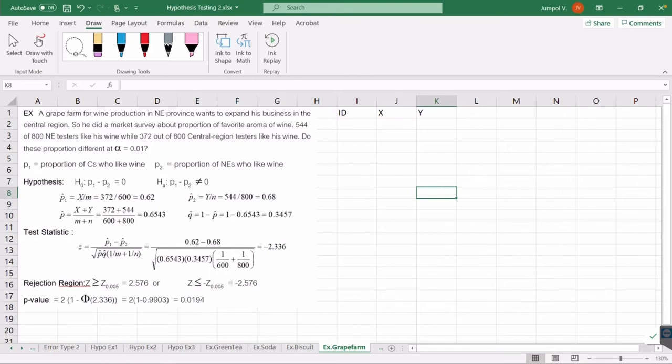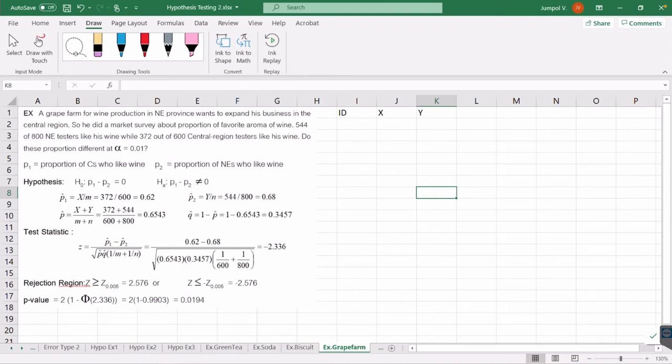So he did a market survey about the proportion of favorite aroma of wine, and the result is 544 out of 800 northeastern testers like his wine, while he tested 600 people in the central region and 372 out of these 600 like his wine. So he wants to know if this proportion is significantly different or not at alpha equal to 0.01.